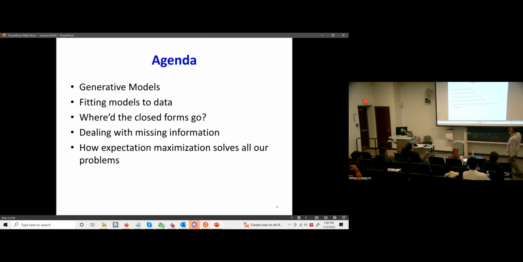So here's the agenda of what we're going to be talking about in the next couple of lectures. We're talking about generative models, fitting models to data, and trying to obtain closed form solutions for these fittings, which you often will not get, and how you can deal with missing information and expectation maximization. That's how we can solve all of these and the world's problems and world hunger and all of that with EM, okay?